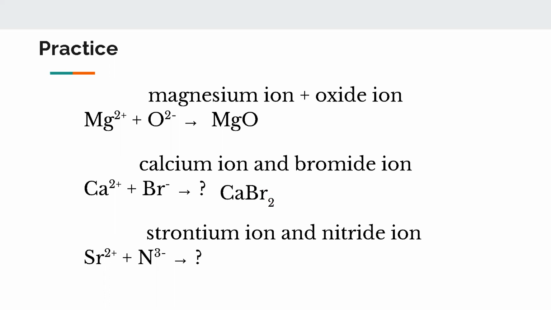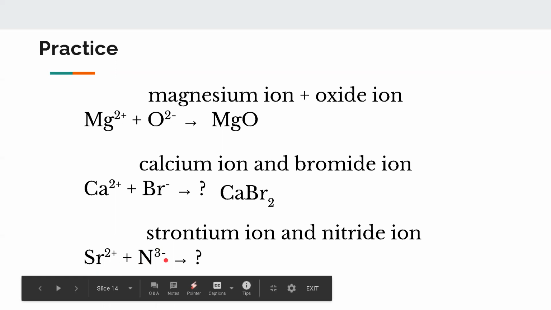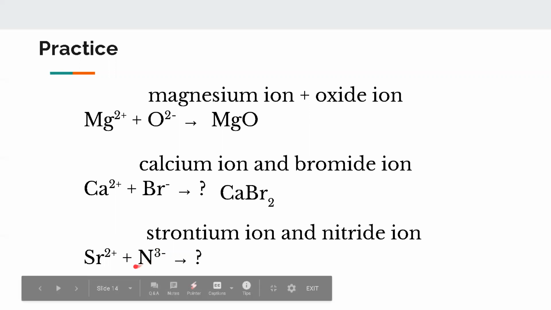Now you can also go ahead and do strontium and nitride. So Sr2 plus and N3 minus. How many of each would you need to balance it out? Okay, if you work with ratios, here it's 2 plus and here it's 3 minus. You need to find the lowest common multiple.